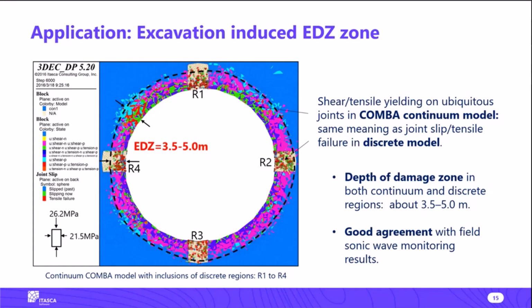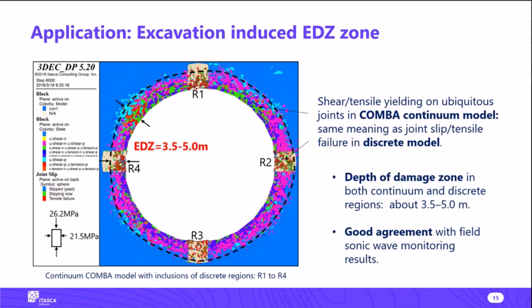And what we bring attention to on this slide is that the depth of the damage zone in both continuum and discrete regions is about the same dimension. And there is good agreement between those results and sonic wave monitoring results. So that is very encouraging.